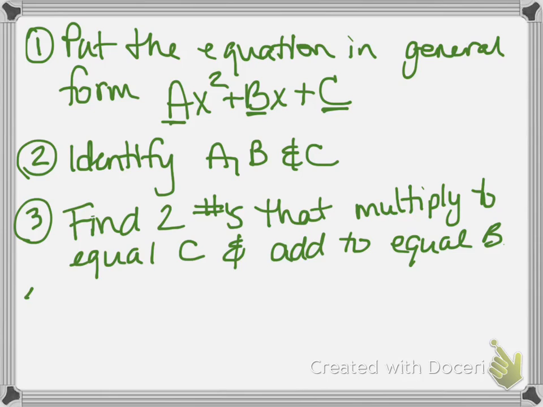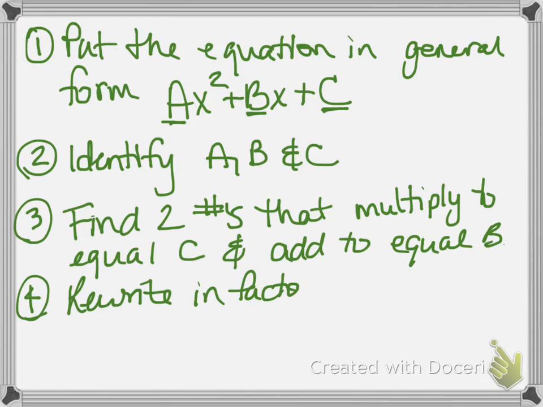And then you'll rewrite in factored form. Factored form are your sets of parentheses. Okay? So, starting with the next couple of examples, these examples are when a equals 1. And then we'll see when a is greater than 1.